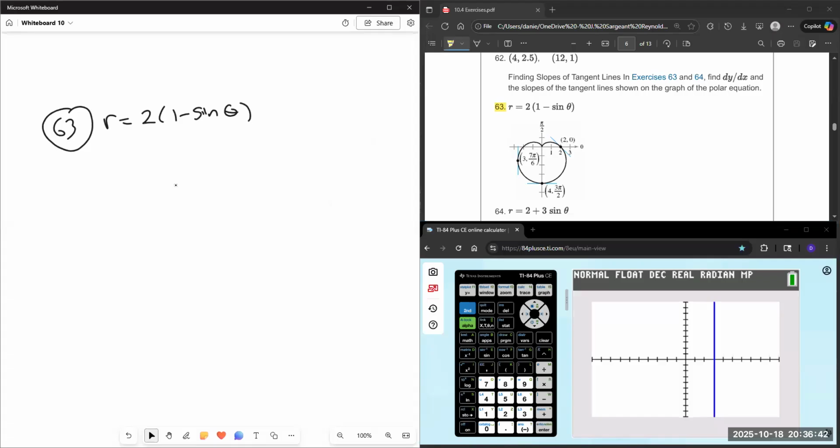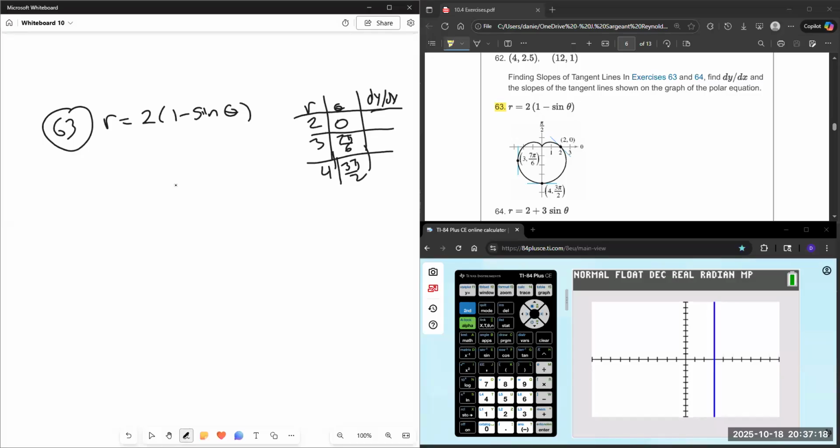We want to find the slope of the tangent line, dy dx, for the given points, and the given points are r, theta, and we want dy dx. So this is 2, 0; 3, 7 pi over 6; and 4, 3 pi over 2.